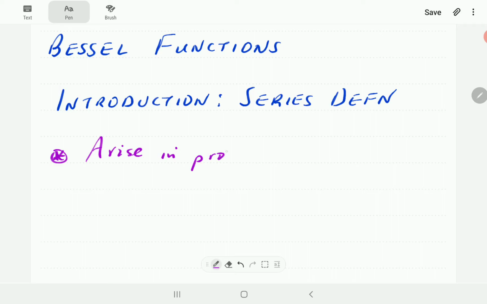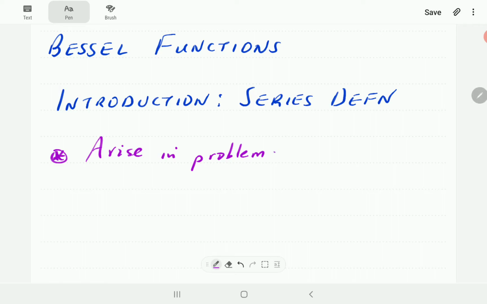So if you get, say, a vibration problem or heat conduction problem in a geometry involving circular symmetry, then typically when you solve the PDEs there, you find these functions.